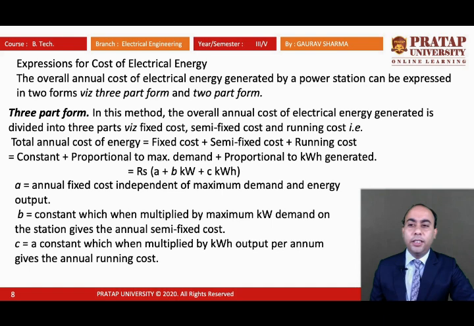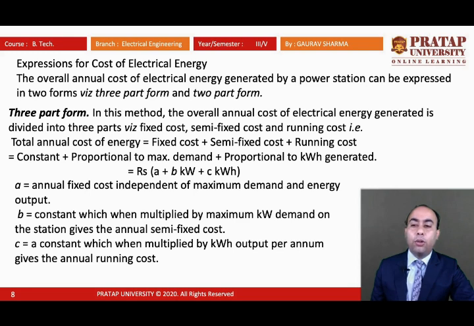The sum of the three costs is equal to the total cost of energy. Fixed cost is a constant. Semi-fixed cost is proportional to the maximum demand, and the running cost is proportional to the kilowatt hours generated. Now we can formalize it: total cost in rupees is equal to A plus B kilowatt plus C kilowatt hour, where A is the annual fixed cost independent of maximum demand and energy output.